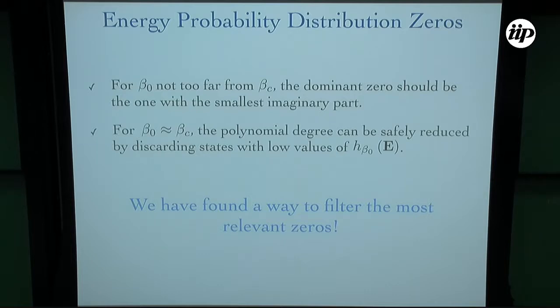So now we know that when we are close to the critical temperature, we can safely filter and diminish a lot the size of the polynomials that we are working with. In addition, we can also control the range of coefficients in this polynomial.